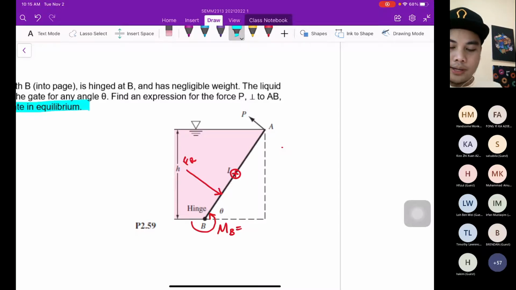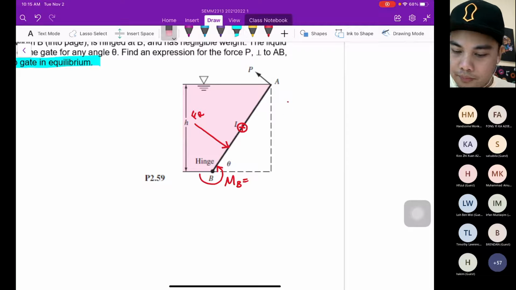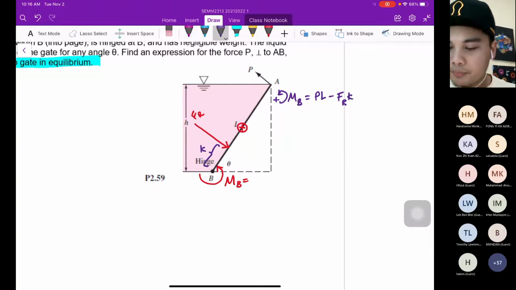However, when we apply the moment, we must use the moment here. The moment at point B is equal to PL minus FR multiplied by this distance, which is K, FK, equal to 0.